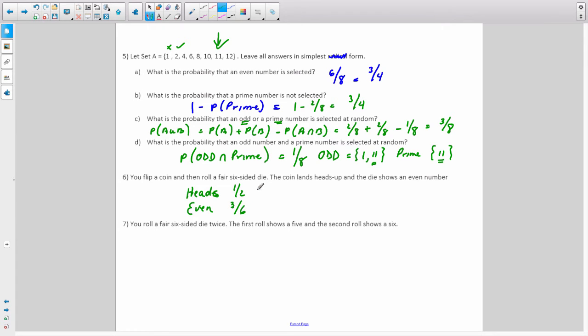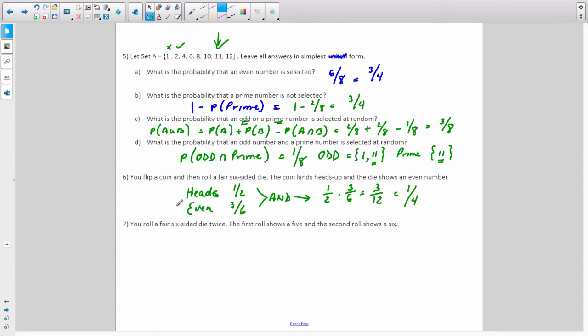And if you want to do and, you multiply. So we'll take 1/2, we multiply it by 3/6, and you get 3 out of 12. Let's simplify this to be, there's a 1 out of 4 chance that when you flip a coin and roll a die, the coin will be heads and the die will be an even number.